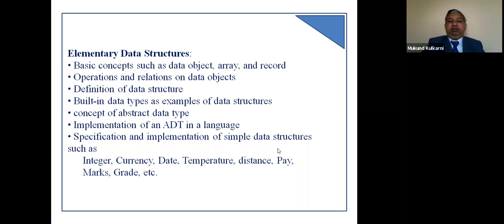Concept of abstract data type, implementation of an entity in a language, specification and implementation of simple data structure such as integer, currency, date, temperature, distance, pay, marks, and grades.